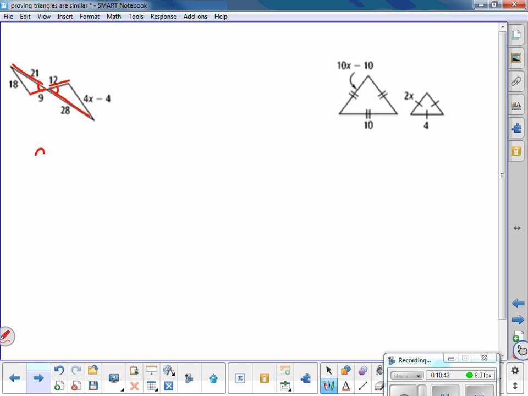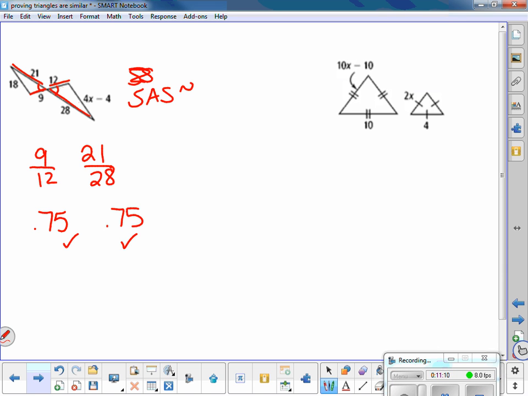So let's look. 9 over 12 and 21 over 28. 9 over 12 is 0.75. 21 over 28 is 0.75. So they are proportional, so I can say that these are similar by side angle side similarity.